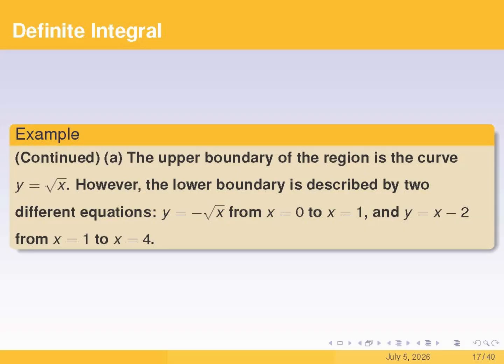Now, the lower boundary is a bit trickier because it is made up of two different equations. For x between 0 and 1, the lower boundary is y equals negative square root of x, which is just the bottom half of the parabola, as you can see from the graph. Then, when x goes from 1 to 4, the lower boundary changes to the line y equals x minus 2, which is also clear from the plot.